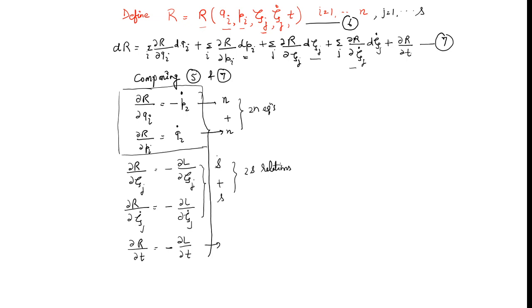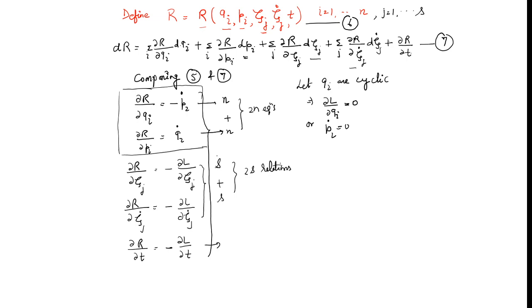So if I say that some coordinates are cyclic, let qi be cyclic, then what will happen? Then this implies delta L delta qi is 0, right? Or pi dot is 0.